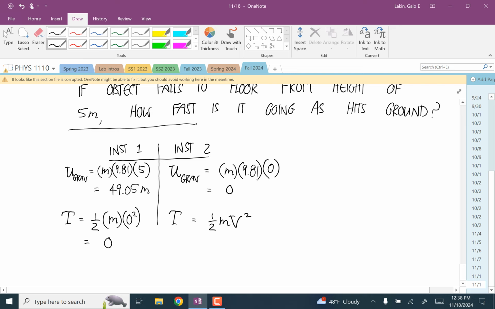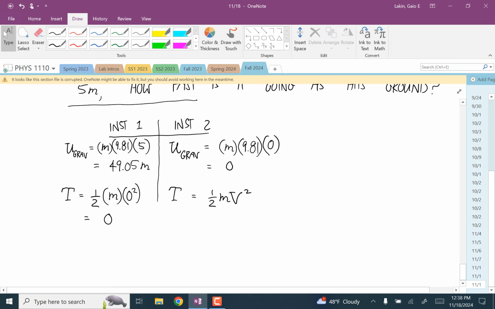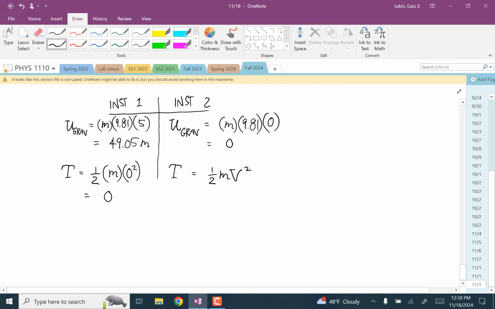Okay? And so what conservation of mechanical energy says is add up the two things on the left. Those have to be equal to the sum of the two things on the right. So 49.05 m plus 0 is equal to 0 plus 1/2 m v squared.